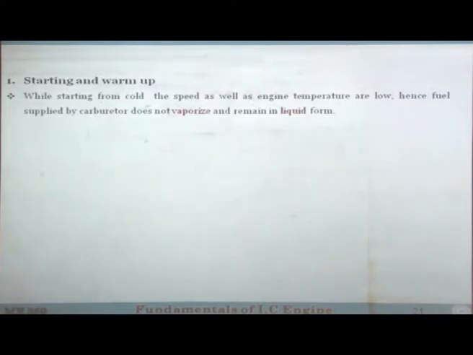While starting from cold, the speed as well as the engine temperature, everything is low. Okay. The engine is at atmospheric temperature, the lubricating oil is at atmospheric temperature. Hence the fuel supplied by the carburetor does not vaporize, because everything is cold. Fuel is cold, carburetor is cold.